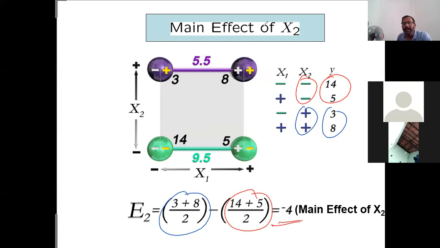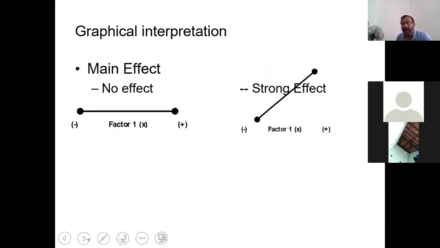So this is not the end point. This is just for the calculation, just getting the concept. We want to see later on whether these values are significant or not. That is a different story. But this is just for your calculation, right? So that is for the main effect. The interaction effect I have shown you last time.